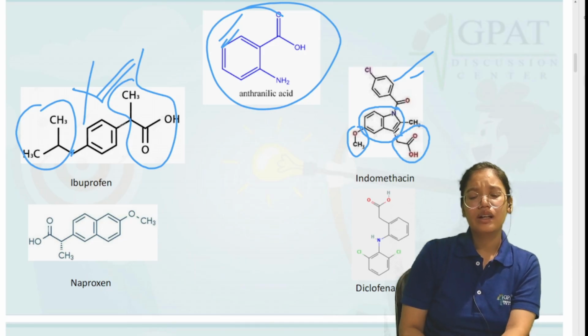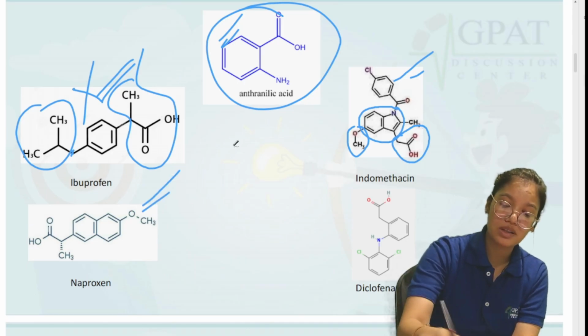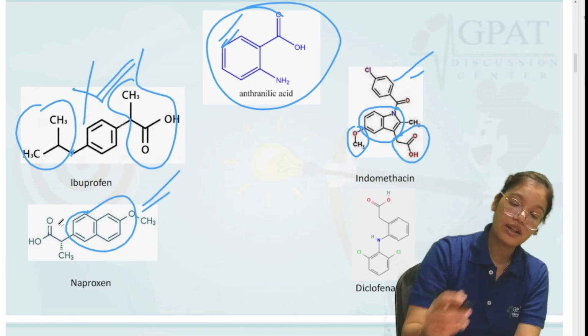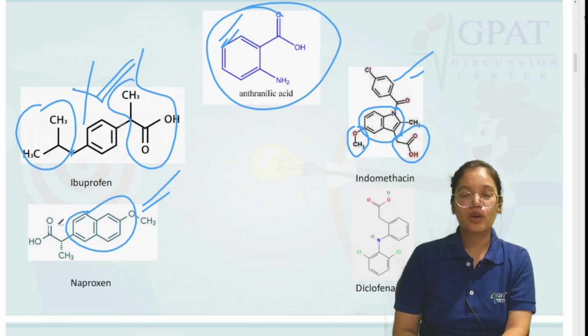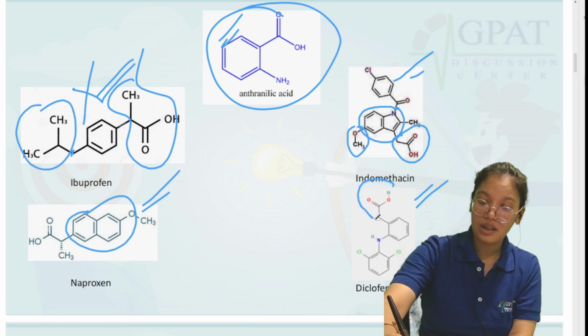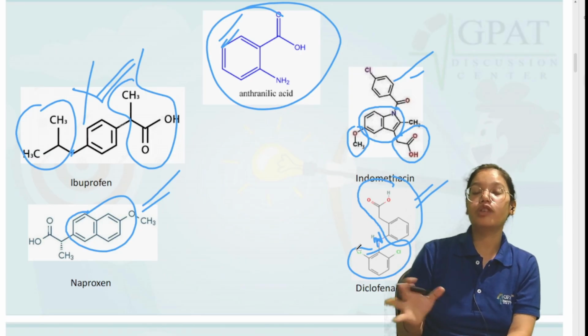So again it is not an anthranilic acid derivative. Then we have naproxen. It contains a naphthalene ring in the first place, so naproxen is also not there. Yes, diclofenac does contain a benzoic acid, then an N attached, and to that N we have an aryl group, and that aryl group is a dichlorophenyl group.